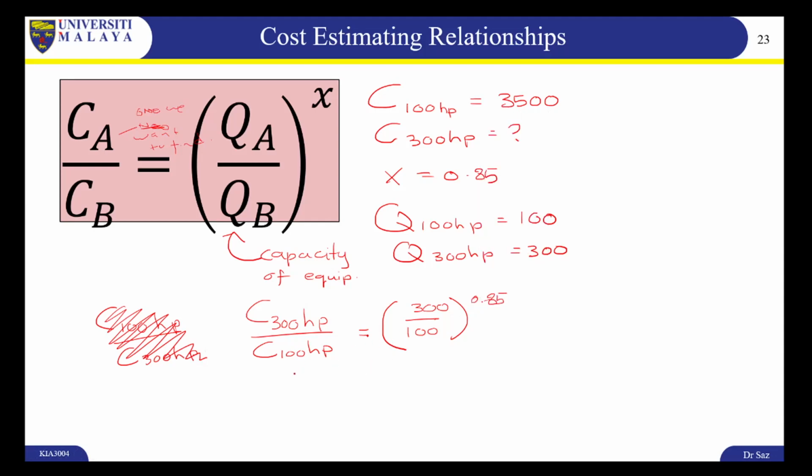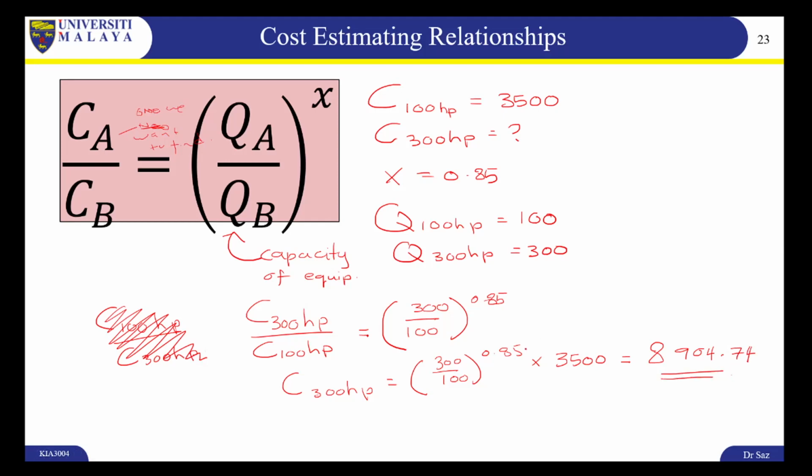So C 300 horsepower equals this value multiplied by 3,500, and you should get your answer as 8,904 and 74 cents.